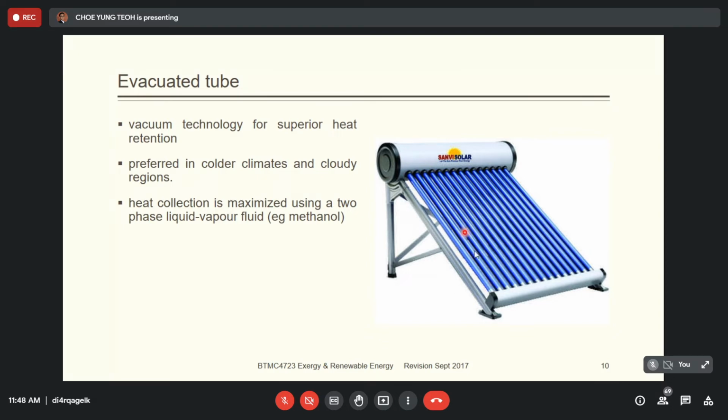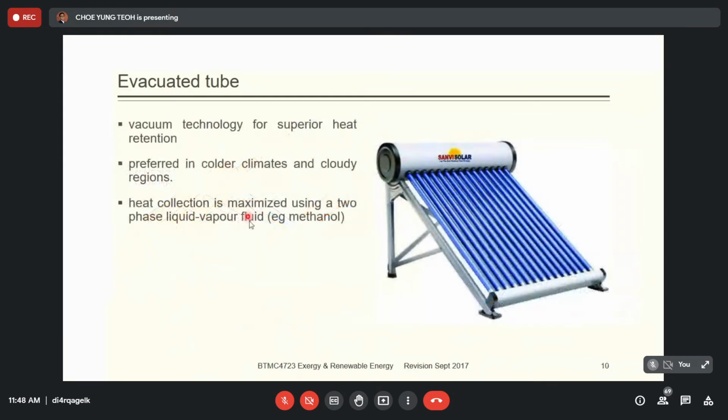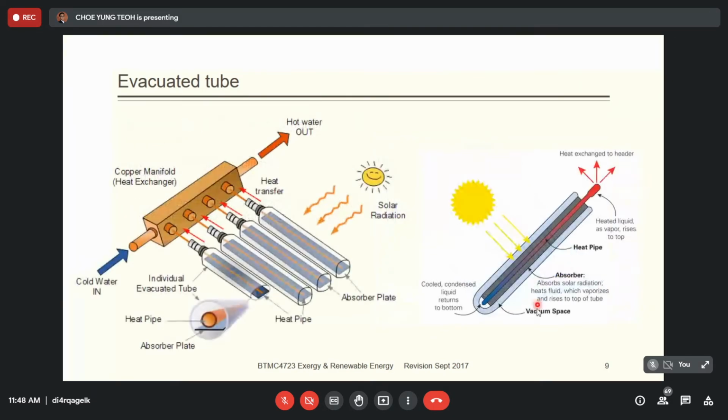This is very good in terms of heat transfer by using what they call a two-phase liquid vapor fluid, or methanol. So it must have an angle so that the lightweight gases go up and the heavyweight fluid goes down. Because methanol, I think, has a boiling point around 60 plus degrees Celsius, we should be able to achieve that by sunlight alone.